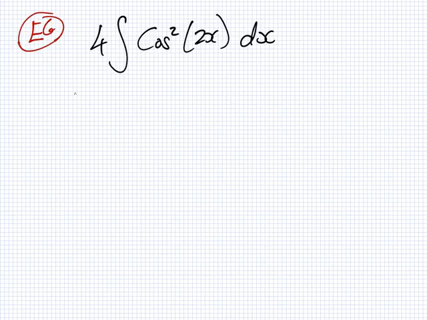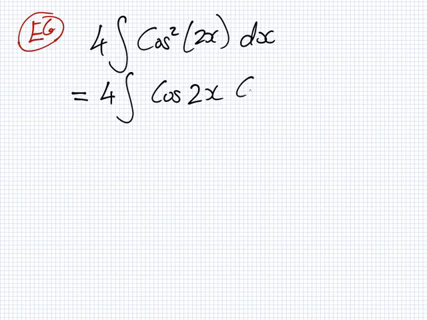Right, so for this problem here, one way we can solve it is by changing this into cos 2x, cos 2x, and then we think about our cos and sine compound angle formulas.